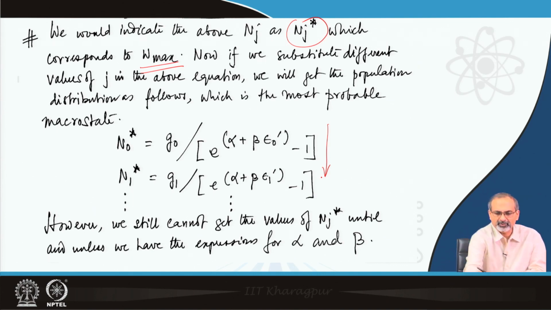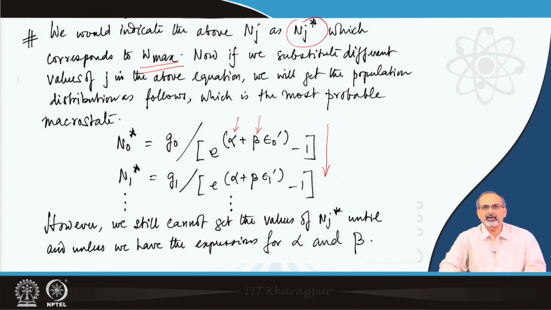However, we still have a problem here. We do not know what alpha and beta are. So, even though we would be able to get the other values in these expressions, alpha and beta need to be obtained. And once we obtain them, then definitely we should be able to get the actual values of the Nj star for all the possible values of j.